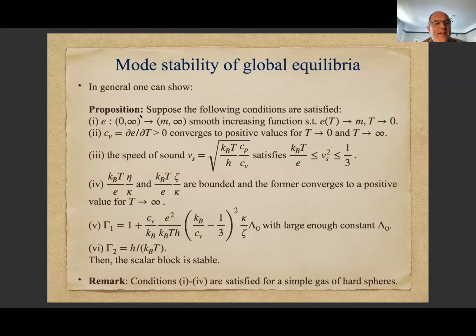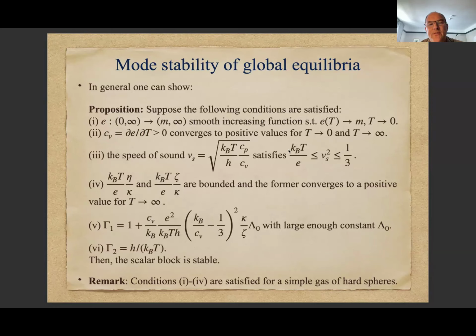The first one says that the energy density should be an increasing function, which starts at m and goes to infinity. Then the second condition is that the heat capacity at constant volume should converge to positive values when t goes to 0 or infinity.